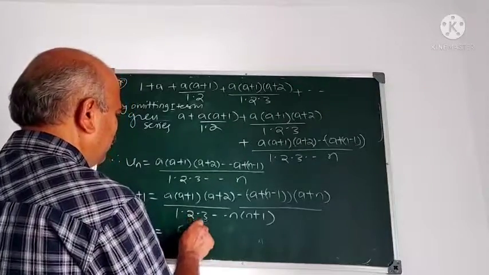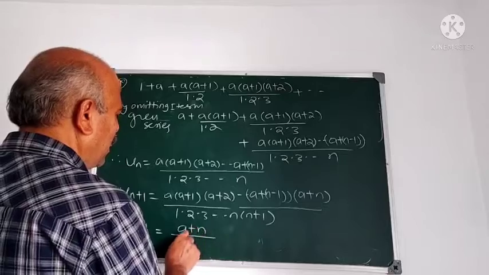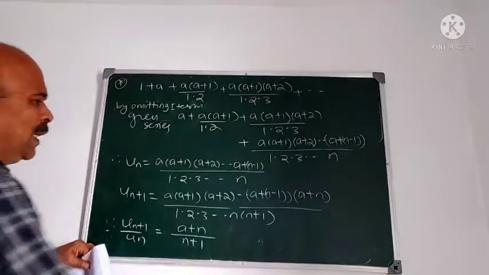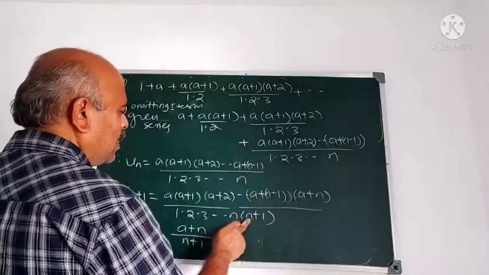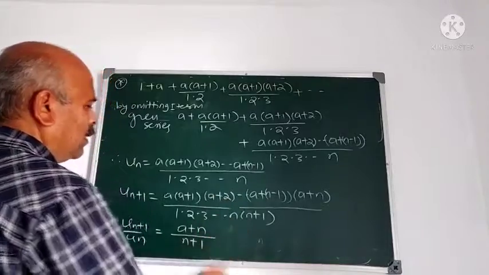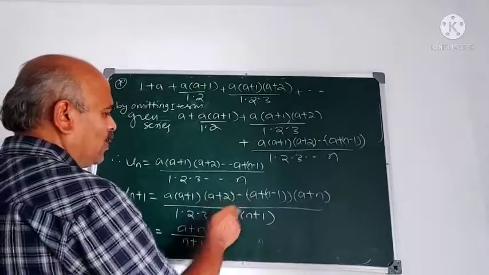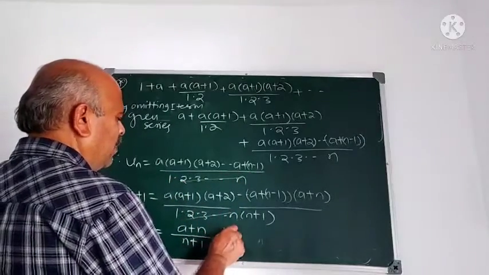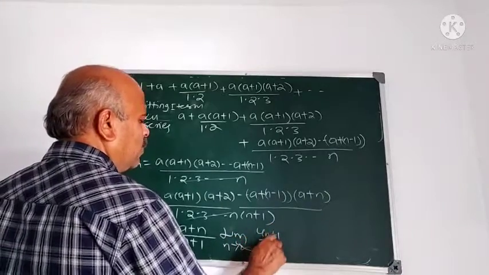A plus n divided by n plus 1. N plus 1, a plus n, because a plus n remains in the numerator. What is the denominator? N plus 1 remains, because up to n cancels. Now limit n tends to infinity of un plus 1 by un.